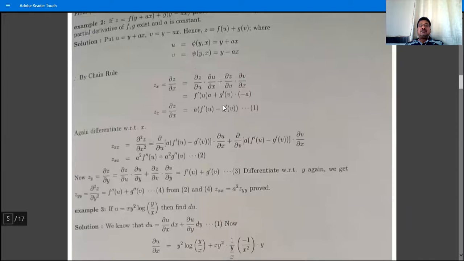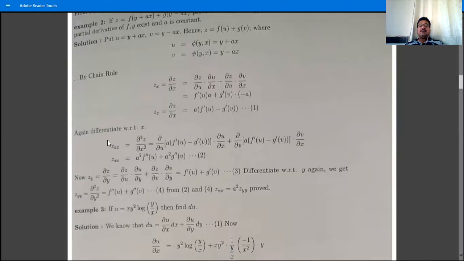Here is again the chain rule. If we have zx as this, then its derivative is again by chain rule, because we have ∂/∂u of this quantity into ∂u/∂x, plus ∂/∂v of this quantity into ∂v/∂x. So chain rule, because zx is a function of u and v, and u and v are functions of x and y.